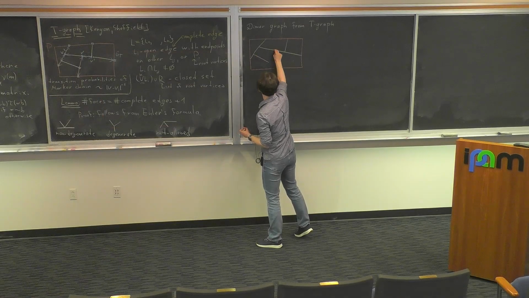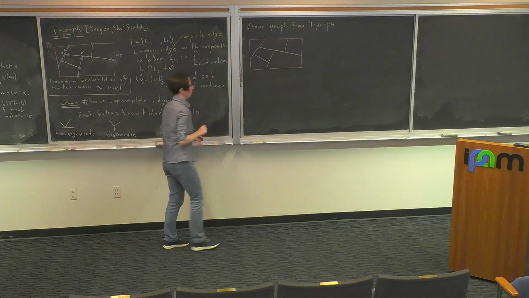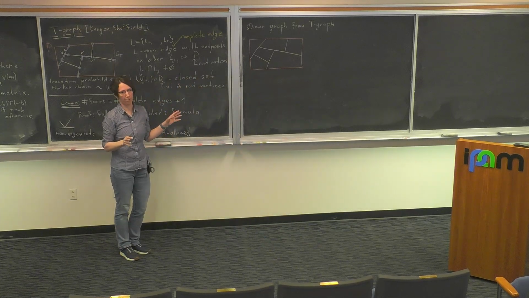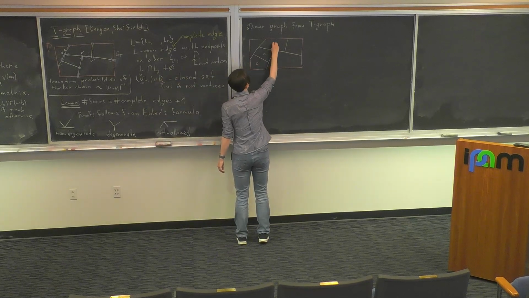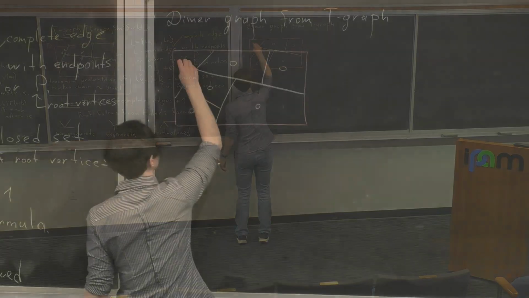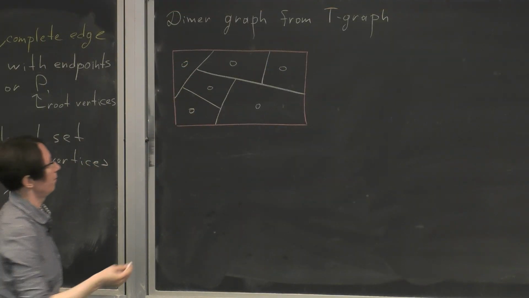And we say that faces correspond to white vertices of the dimer graph, and each complete edge corresponds to a black vertex of the dimer graph.